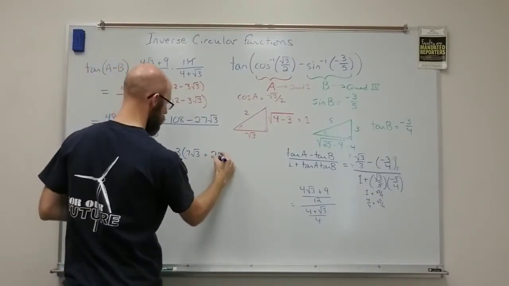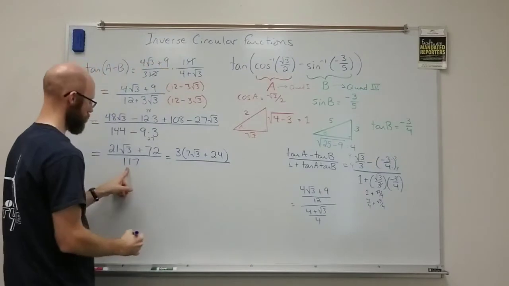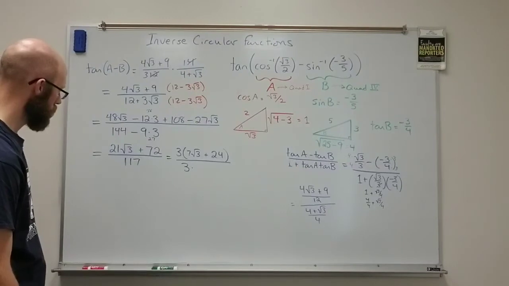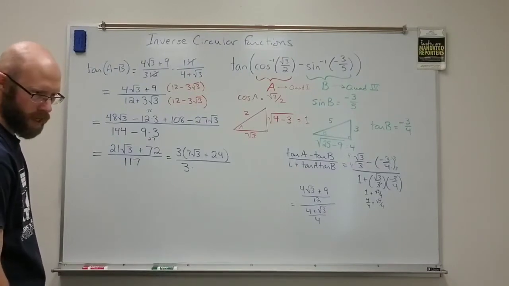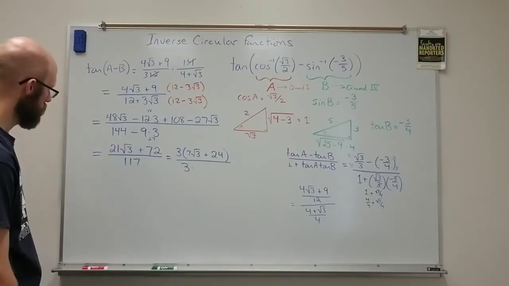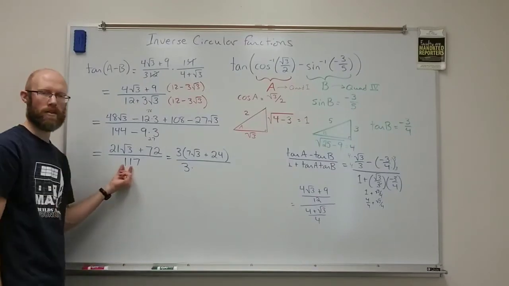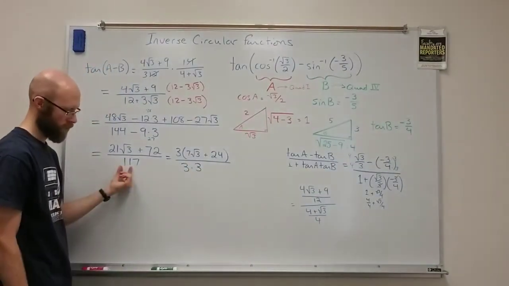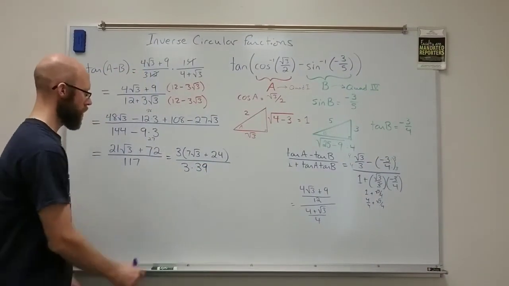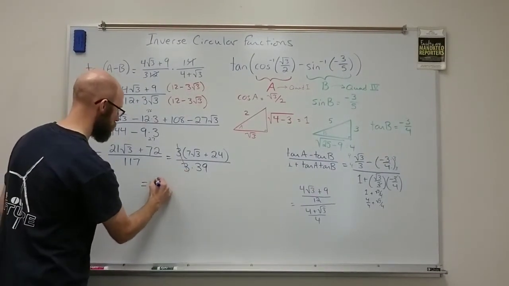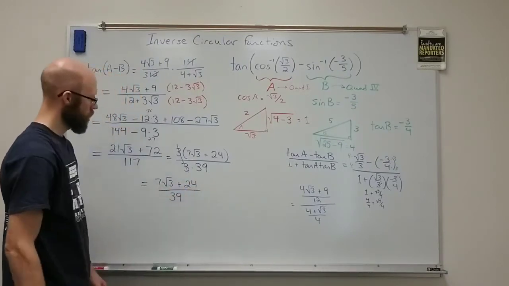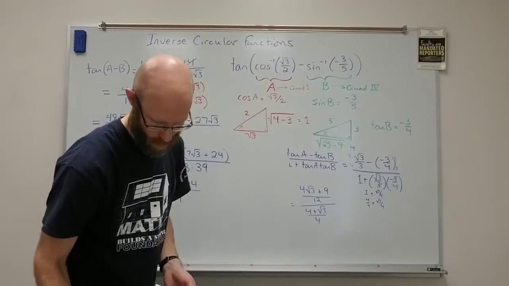And 117 is 3 times something. 39? 3 into 11 goes 3 times, remainder 2, 27, yeah, 39. Yep, that's right. Okay. So then I can cancel my 3's, and I should be left with (7√3 + 24)/39. Really hoping that one worked. I'm going to check it.